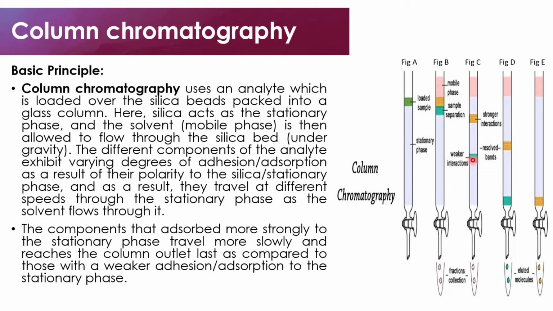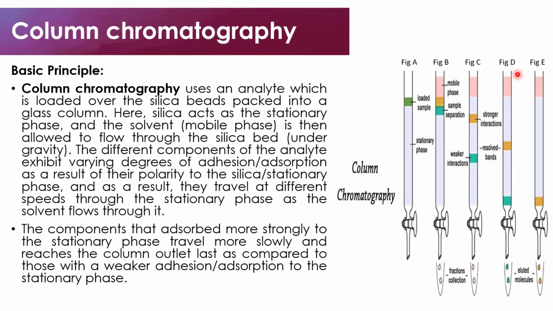On the other hand, the separated component with the orange band has a stronger interaction, adsorption or affinity for the stationary phase and will travel more slowly through the column and elute last, as compared to the green band that has a weaker interaction with the stationary phase.